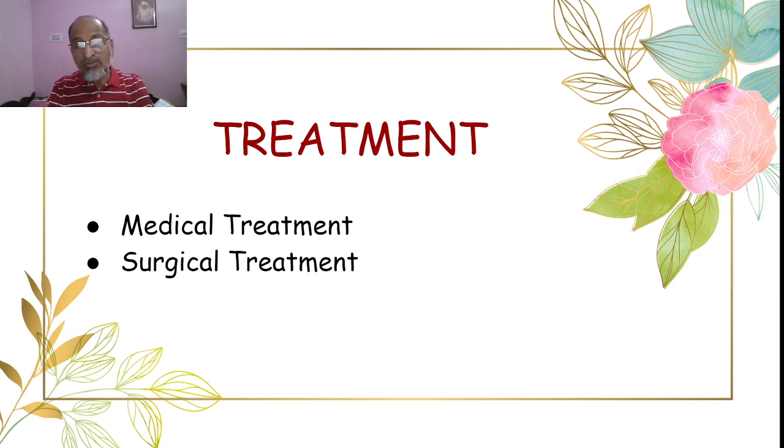Then in situations where the medical treatment has failed and is unmanageable, you need a segmental colectomy, or sometimes an operation like Hartmann's resection may also be needed, where you do a proximal colostomy and a repair or blind loop of the distal colon.